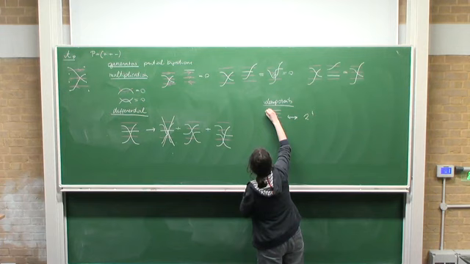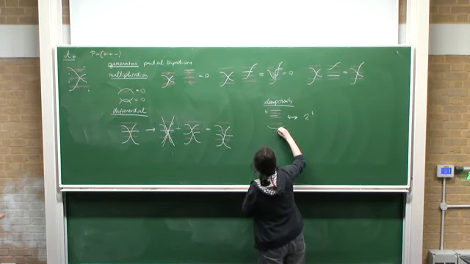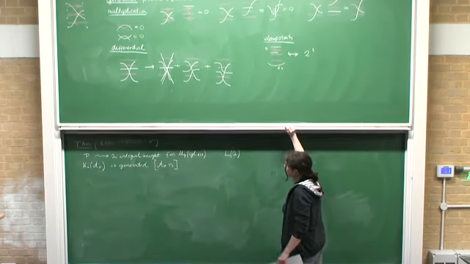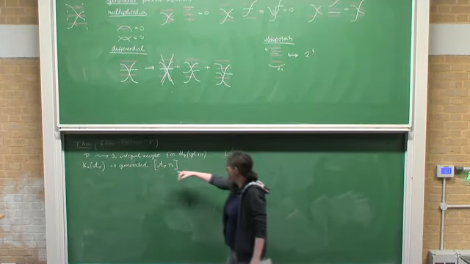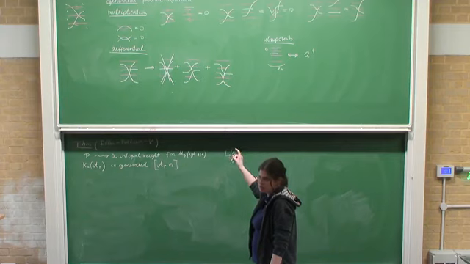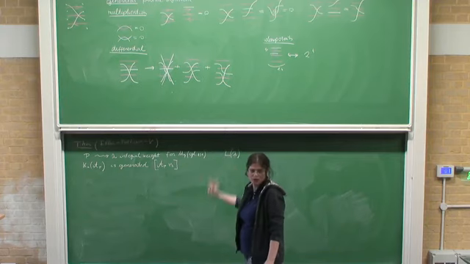So this was S, and then this whole element is E of S. Meaning that it's generated by those which end on some fixed set.